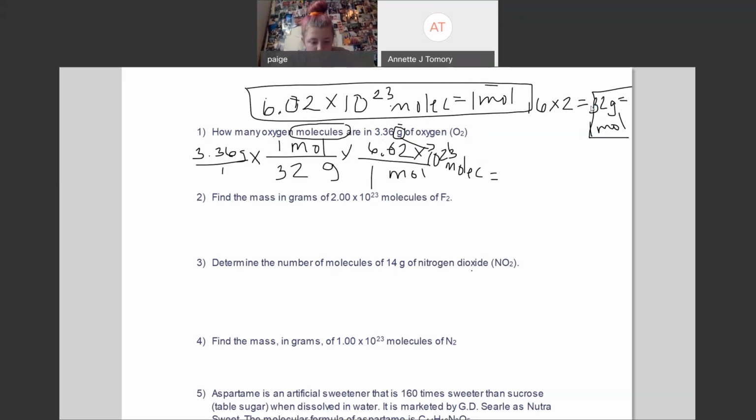And then 6.02 is on top, so that means we're going to multiply by 6.02 exp 23. I got 6.321 times 10 to the 22nd molecules.